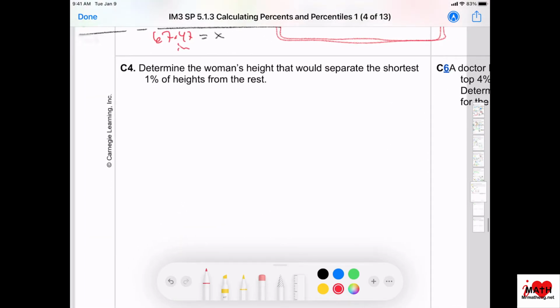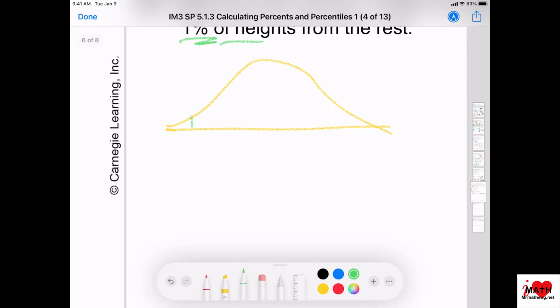C4. Determine the women's height that would separate the shortest 1% of heights. Okay, where do you think the shortest would be? Short people are to the left. And we're saying that this green area, this green tail they call it, is 0.01. Okay, and we're trying to find out that x. So here's my picture. Let's get our formula.